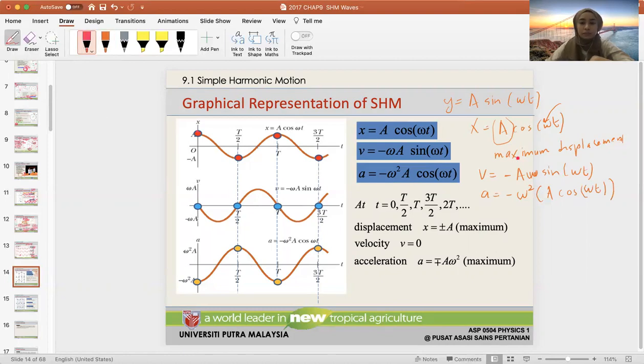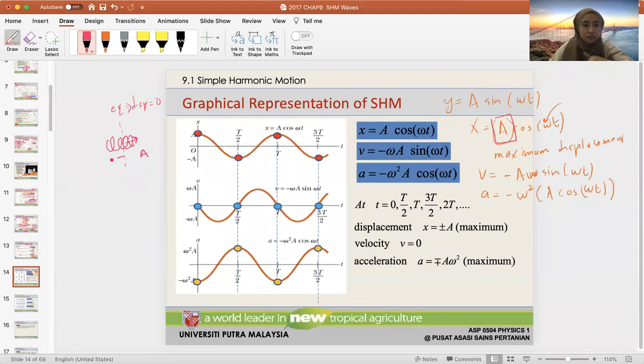Okay, so previously I told you A is your maximum displacement. Kenapa? Because when we have a spring, and this is the equilibrium position, equilibrium displacement equals 0. When I stretch it, this is A, maximum displacement.